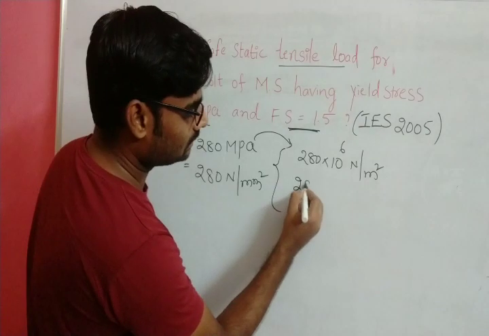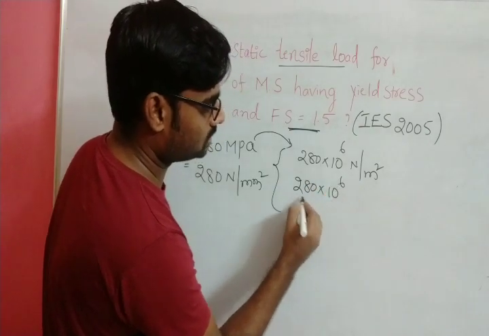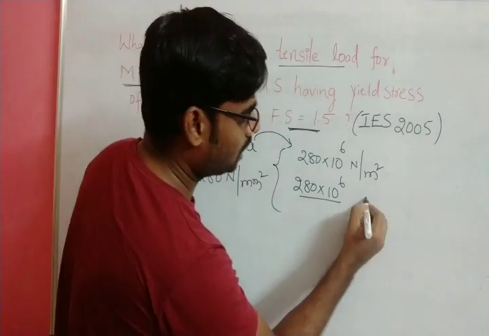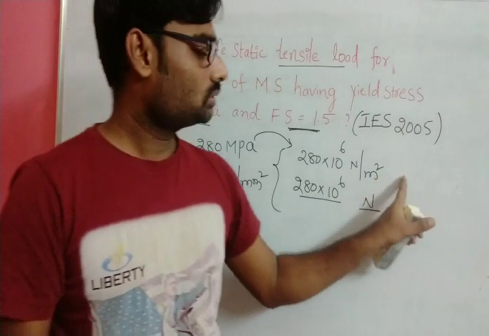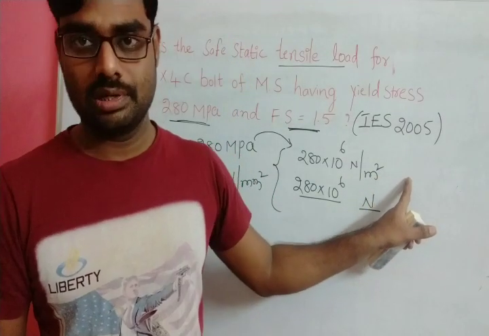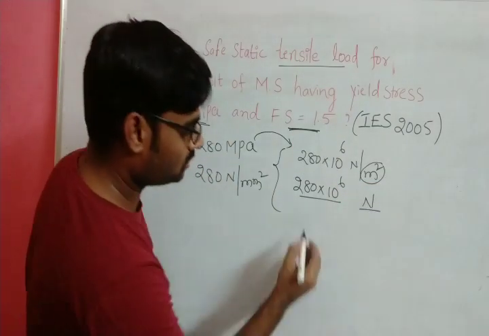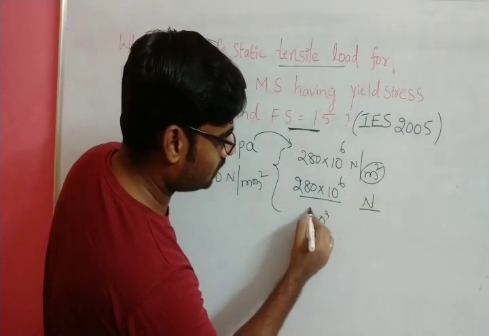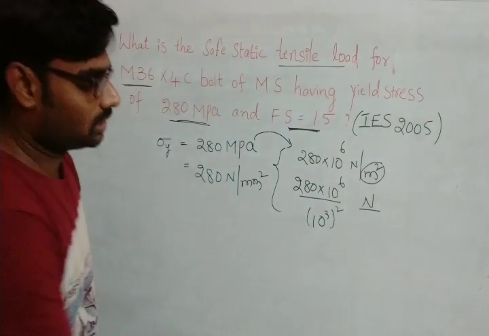So we can convert into mm: 10 power of 6 Newtons divided by, since 1 meter equals 1000 mm, that means 10 power of 3, the whole square, for the meter square.